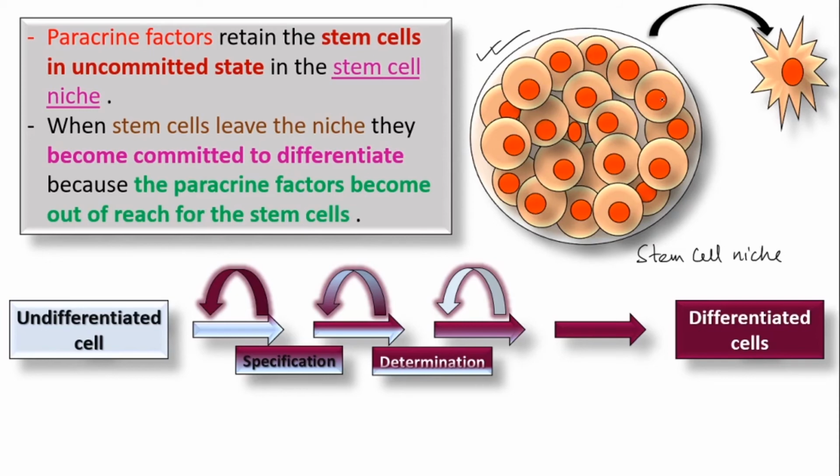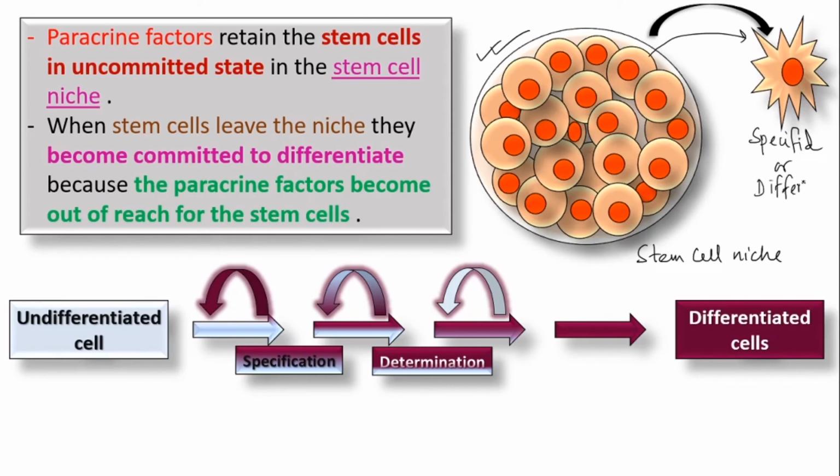Here some factors act in this niche to retain the undifferentiated nature of the stem cell, and if any stem cell leaves this niche, these factors cannot reach it, and the cell cannot retain its undifferentiated nature, and it gains its fate, and that is why it is known as a specified or sometimes differentiated cell.